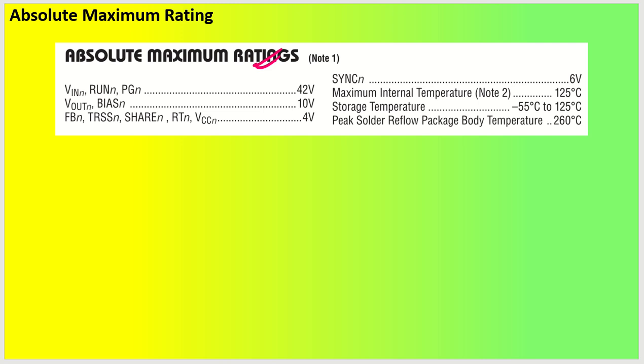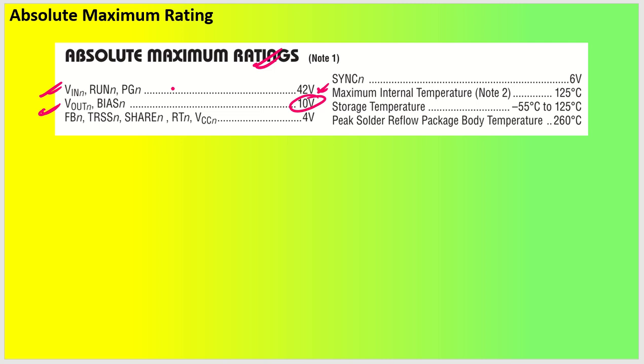The input voltage, run N, or power good N, can take up to 42 volt maximum. So you have to make sure that these three pins do not get more than 42 volt, otherwise the IC will be damaged. N means let's say V in 1, V in 2, V in 3; like that it is run 1, run 2, run 3, PG1, PG2. Similar to that, V output and bias voltage cannot be more than 10 volt.